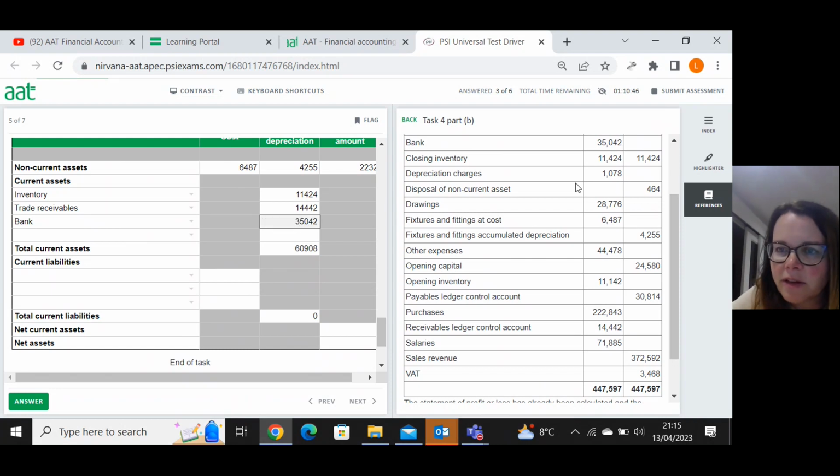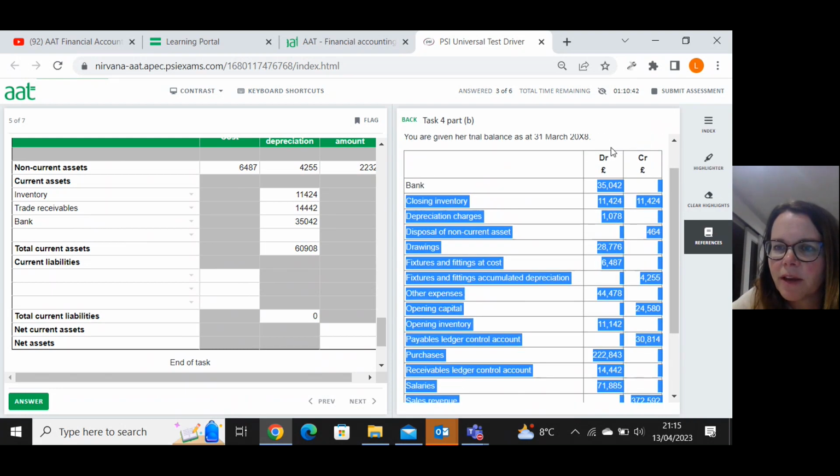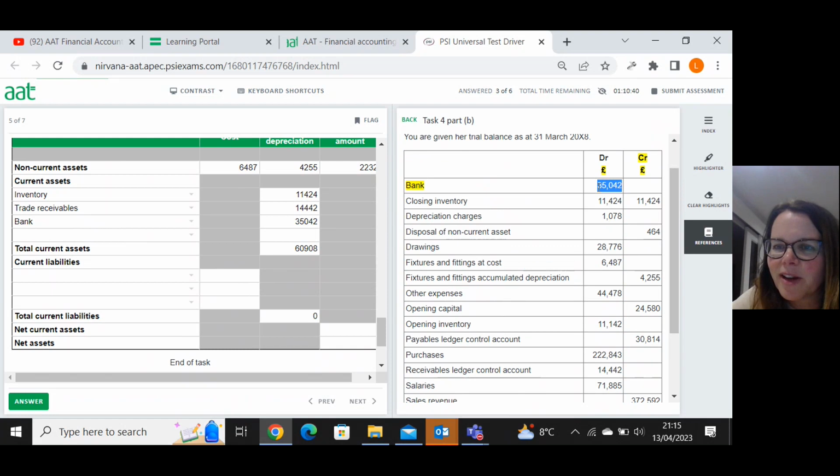And then if I just cast my eye down, I'm going to get my highlighter again. So I've dealt with, oh, for goodness sake, I'm not very good with the highlighter. So I've got the bank, I've done the closing inventory. Haven't dealt with that yet. Opening inventory.